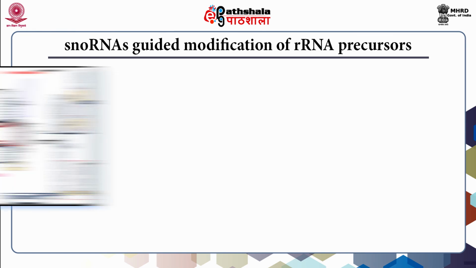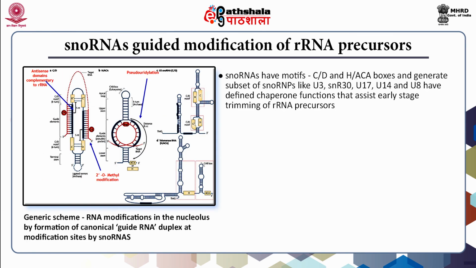The characteristic snoRNA families, as described by definitive motifs in the RNA component, are the box CD and the box HACA.